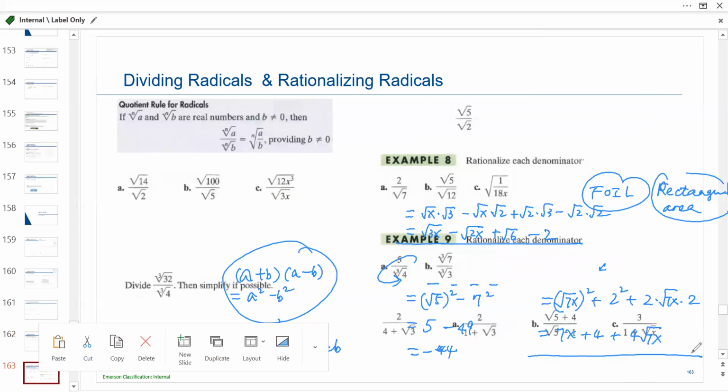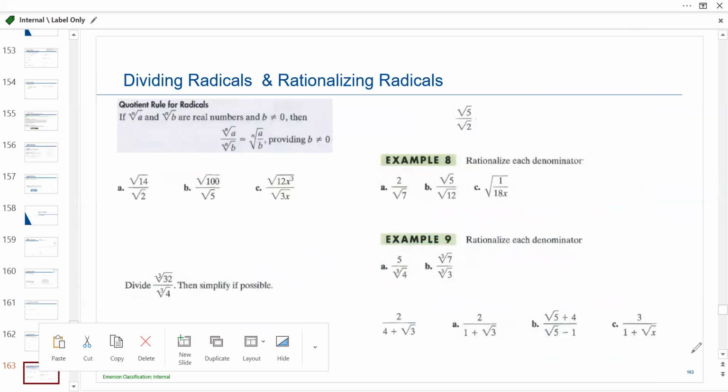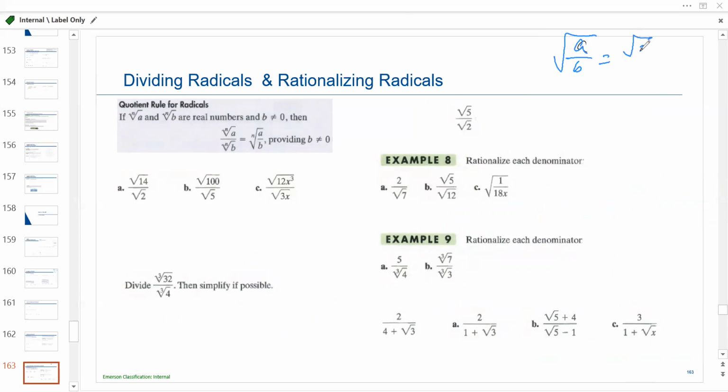When we do the dividing, we know that when A is divided by B, you can transfer like this, right? So we can do it backward. When I divide backward, make sure the number here is the same.